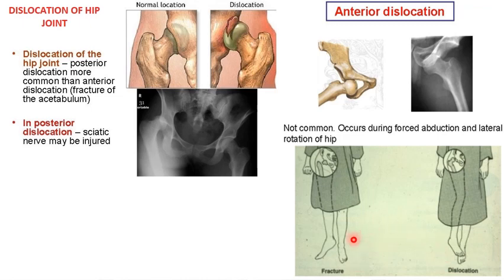When there is fracture neck of the femur, as we said, there is shortening of the limb and lateral rotation, whereas in dislocation there is shortening of the limb but a medially rotated foot is seen. So this is the main characteristic feature in distinguishing the fracture from the dislocation.